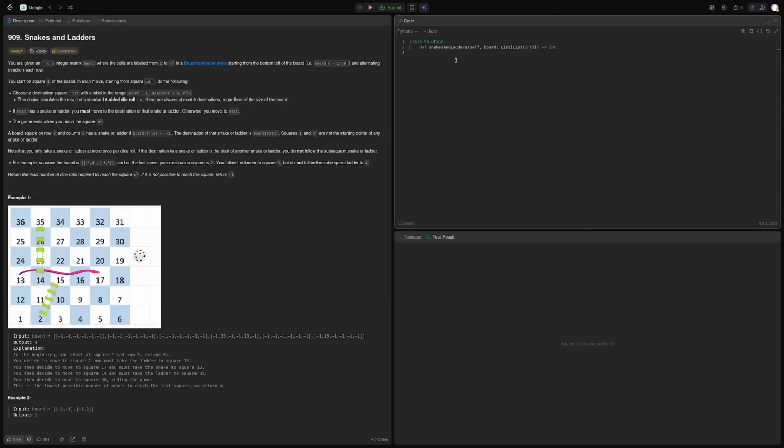Okay, so today we got a problem of snakes and ladders, and I think most of you will know this. So we got a board which goes like this, and then we have a snake at 13.